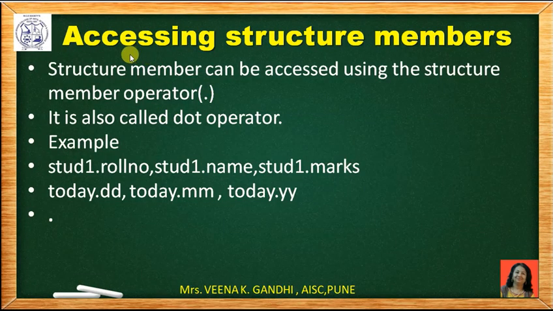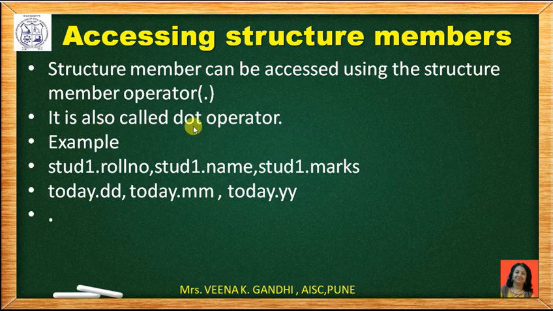Next topic, how to access the members of a structure. Suppose we have a structure student having roll number, name, and marks, and we want to access the roll number and name. For that, we use the structure member operator, called dot or period. So a member can be accessed using the structure member operator dot. It's called the dot operator or period operator.